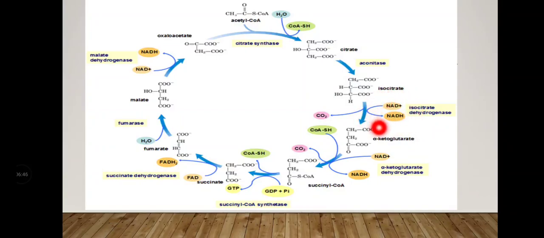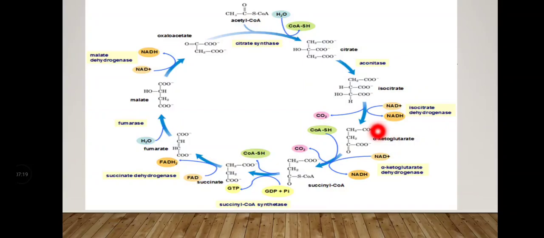So NAD plus is used to generate NADH, and in the process carbon dioxide is given off. The reaction from isocitrate to alpha ketoglutarate is catalyzed by isocitrate dehydrogenase, which gives off alpha ketoglutarate.